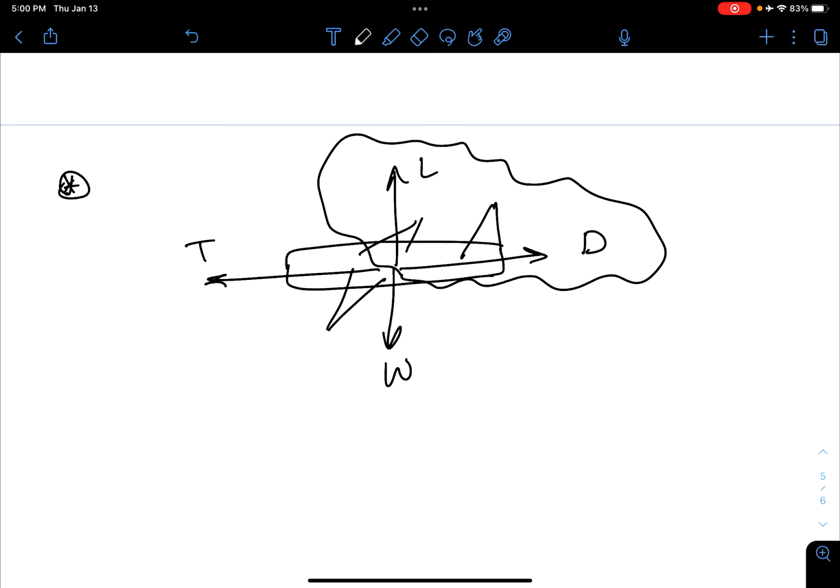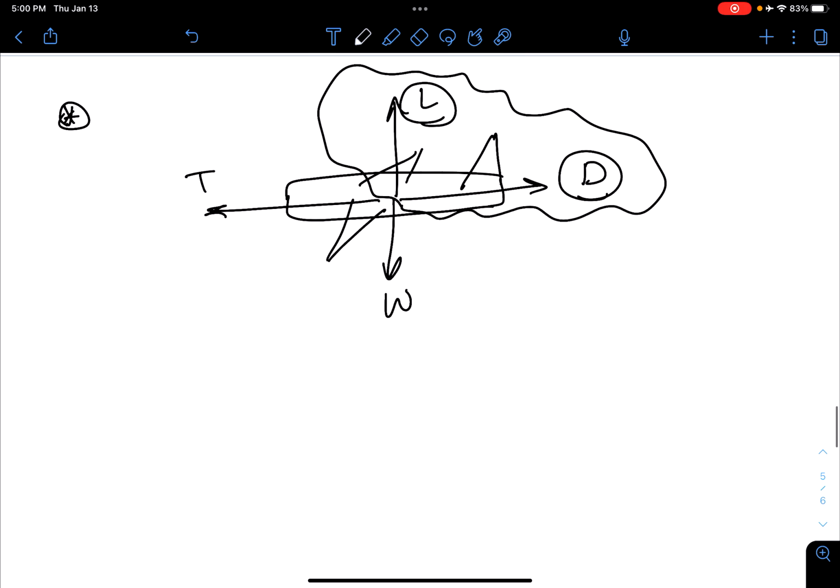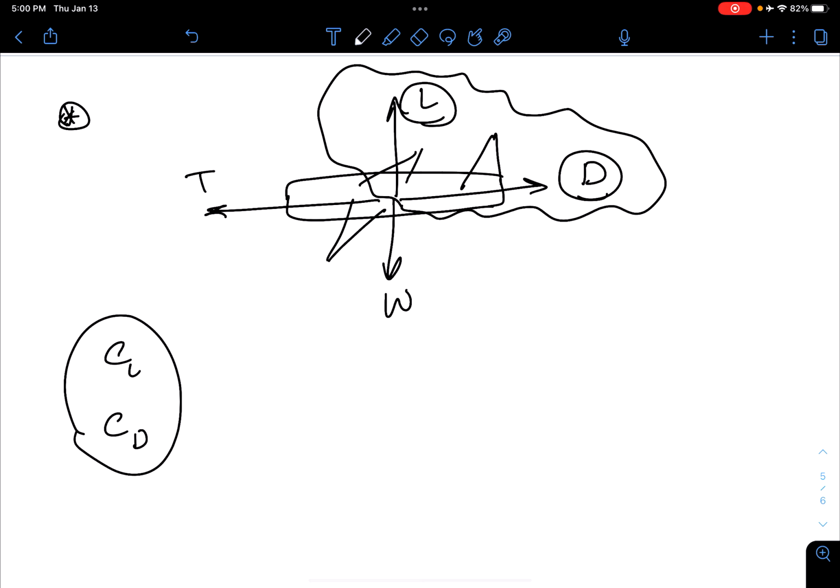So another dimensionless parameter are the force coefficients, specifically the drag and lift coefficients, for which we use C of L and C of D to specify these two. But we'll get to their equation and calculation later.